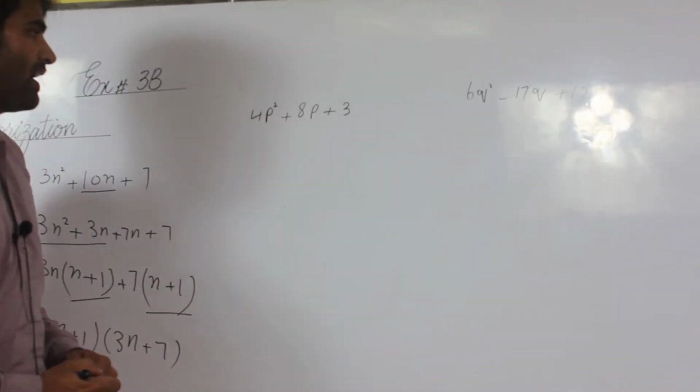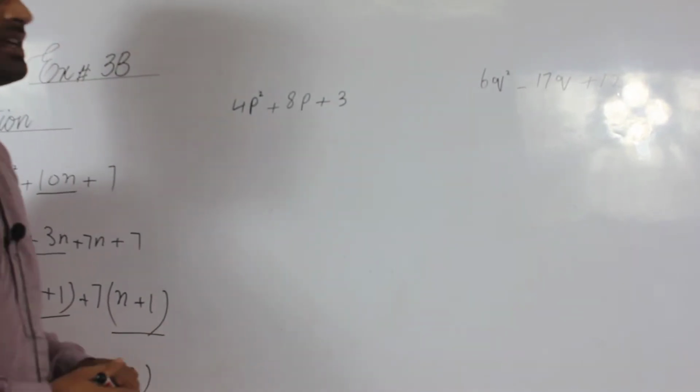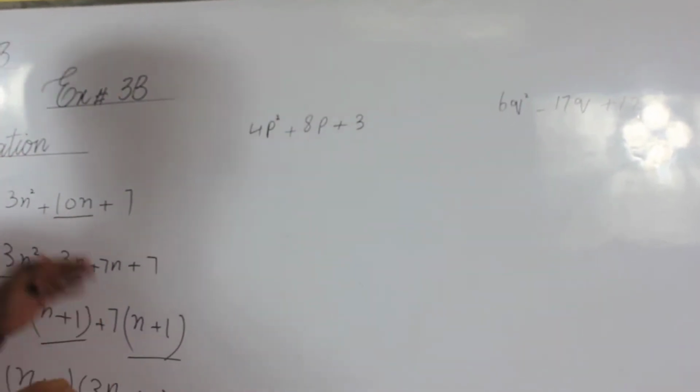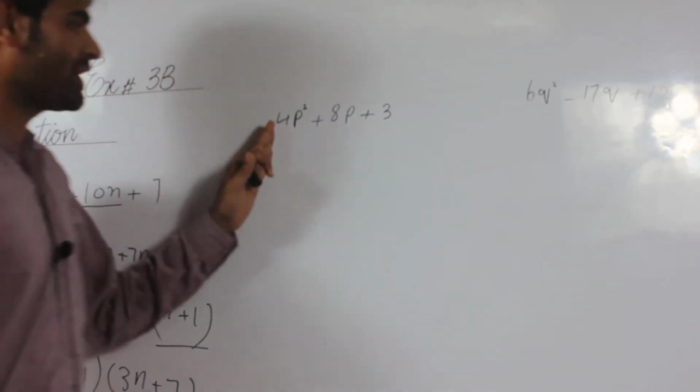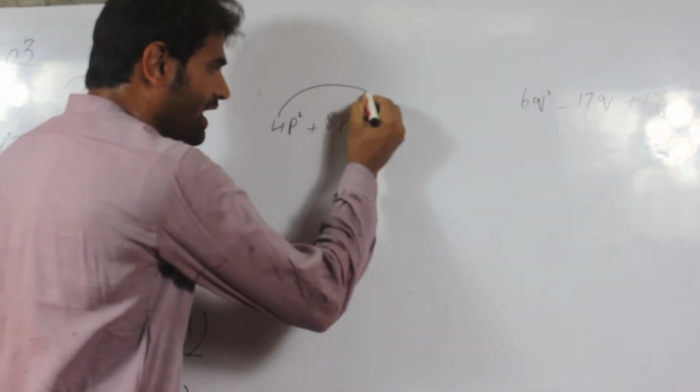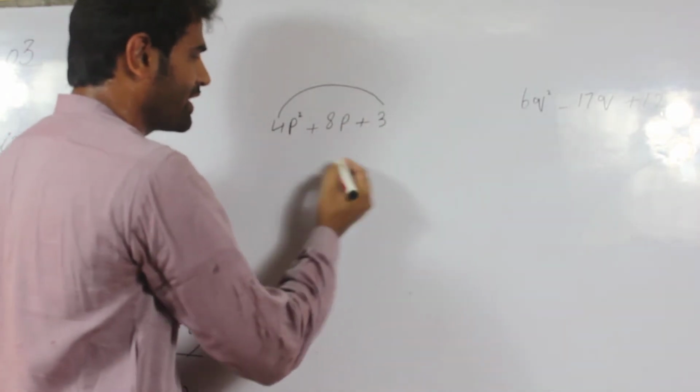Now I take another quadratic equation where the coefficient of the highest power is 4. First we multiply the coefficient of the highest power with the constant: 4 threes are 12.